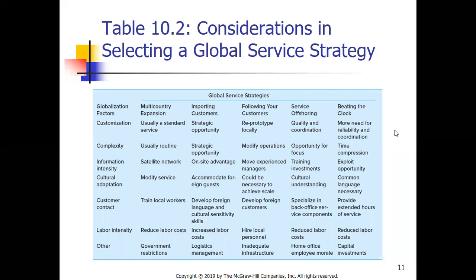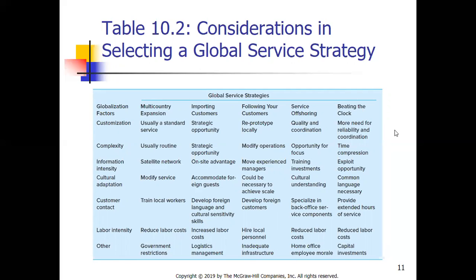I will first explain multi-country, importing customer, and so on. Then I will give you 5 minutes to give me examples: in multi-country, what would be the example of a company, in importing customer strategy, what would be the example of a company, and the remaining three global service strategies.